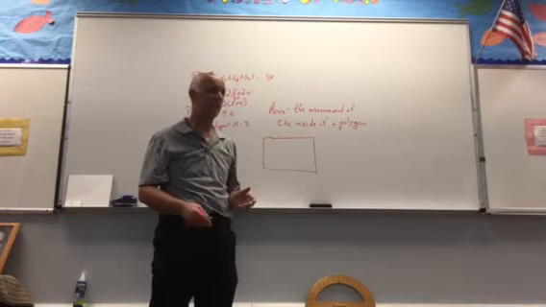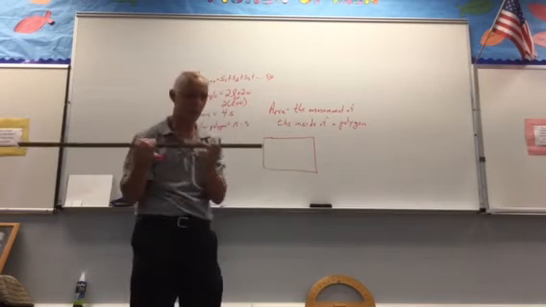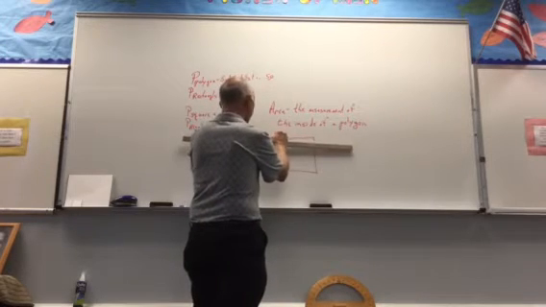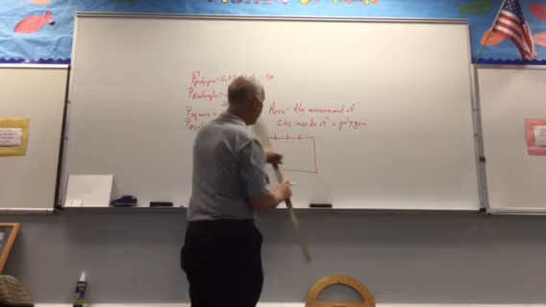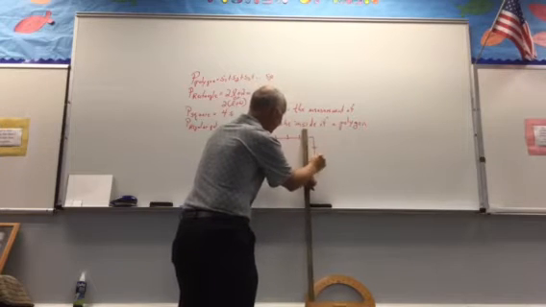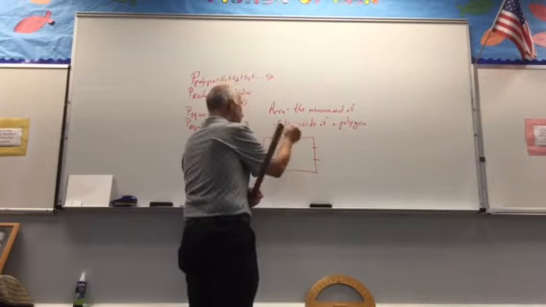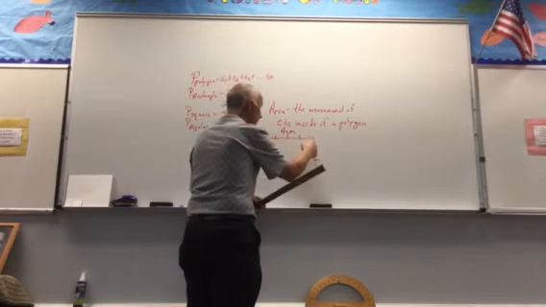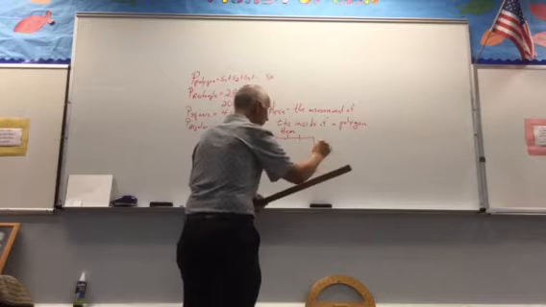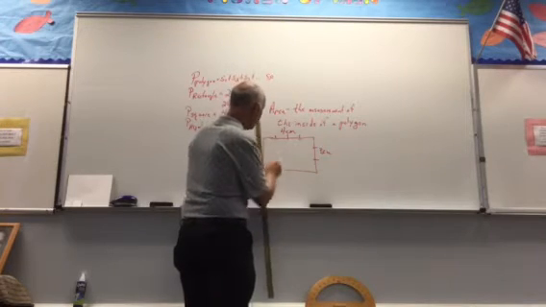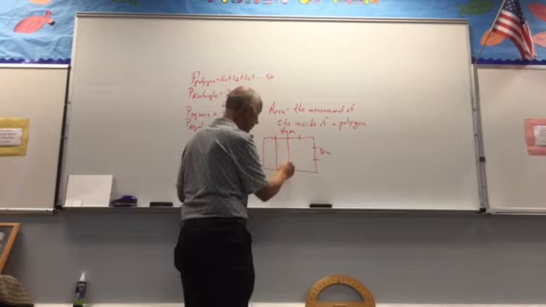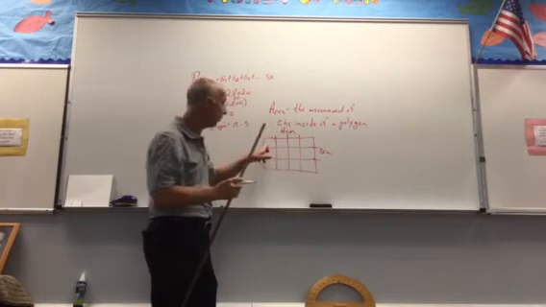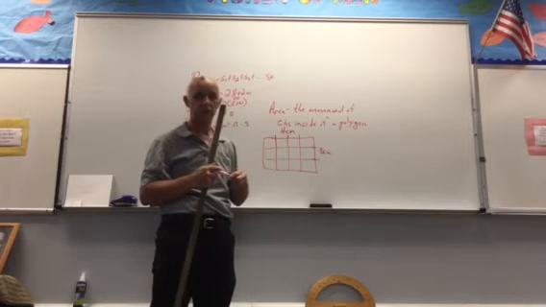But really, it's not useless, okay? Because what you can do is you can measure the length and you can measure the width. And say that this was 1, 2, 3, 4 centimeters long, and this was 1, 2, 3 centimeters wide. And again, if I wanted to measure, I could cut across at each measurement, and what I have is the inside is filled with little tiny squares.